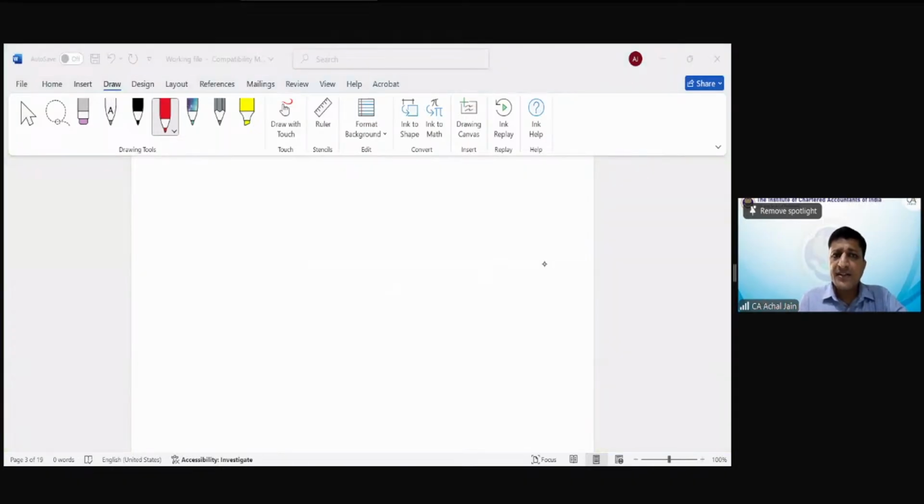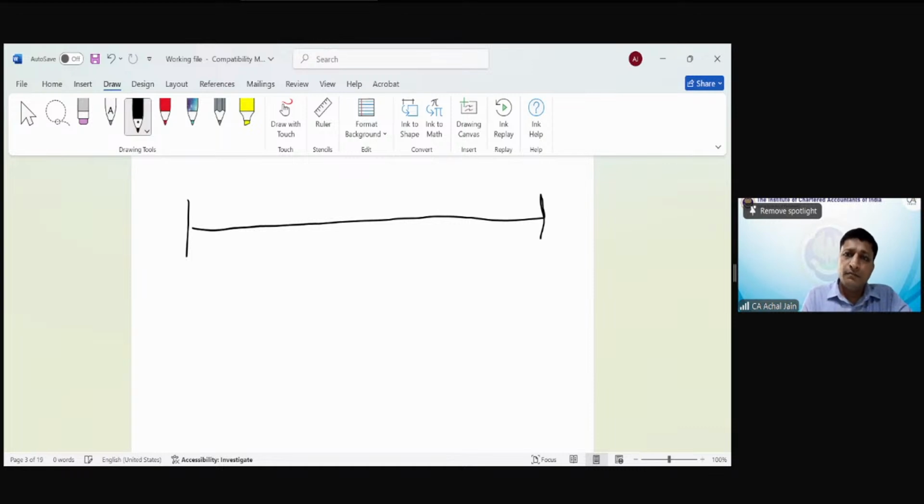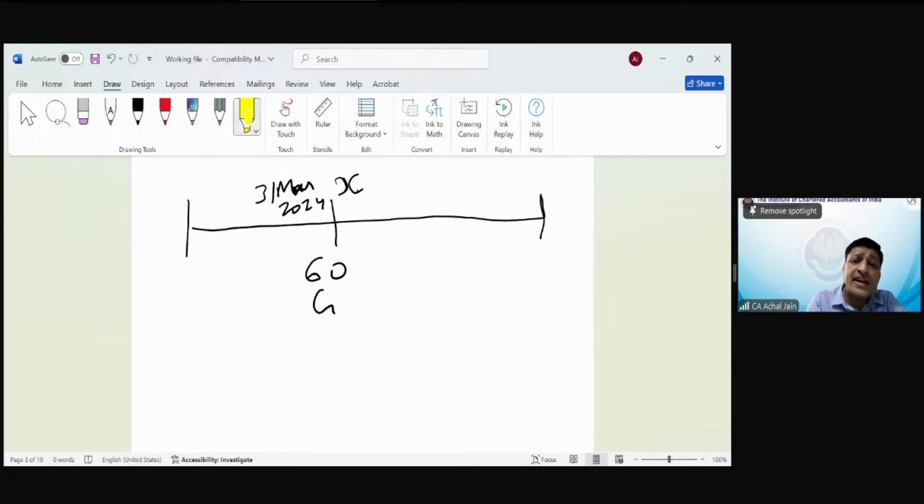Say the bank has got some advances, worth any amount, say X, on which the bank has accrued interest of 60 crore. Say this is the situation up to 31st of March 2024. But because these advances are NPAs, can the bank recognize this income?